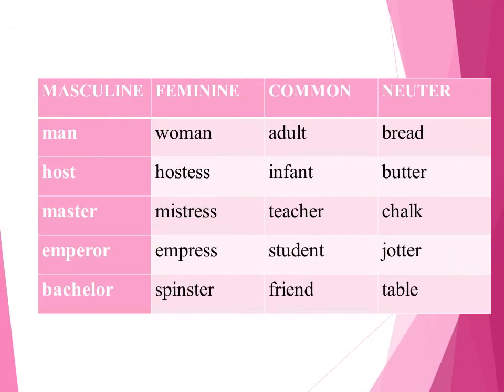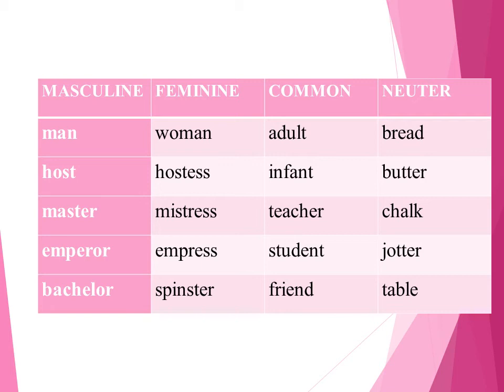Look at this table. This table has the masculine genders, the feminine genders, the common genders, and also the last one, the neuter genders. Under the masculine genders, we have man. Now, the feminine is woman. Common noun, adult. Adult could be a man, it could be a woman. Then neuter, it doesn't have life. Its example is bread. Then the masculine, host.